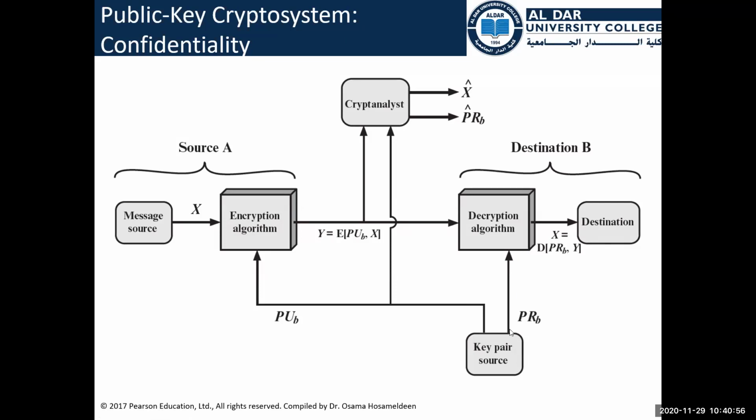The destination is sending his or her public key to the source, and the source is going to use the public key of the destination to encrypt the data and then send it to the destination, and destination will use her or his private key to decrypt the data back or get the original data. And this is confidentiality. Confidentiality means secure transmission.